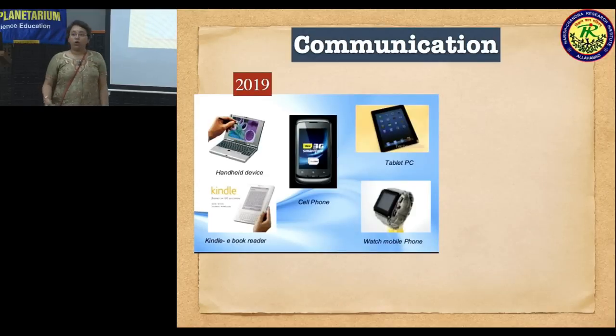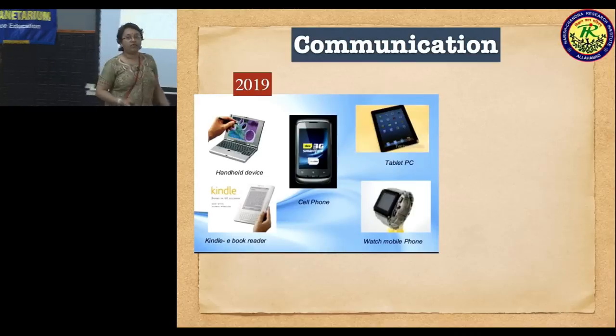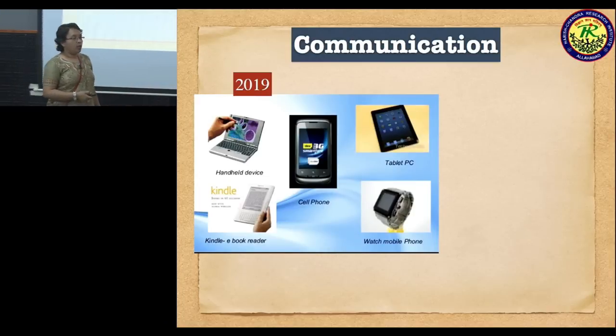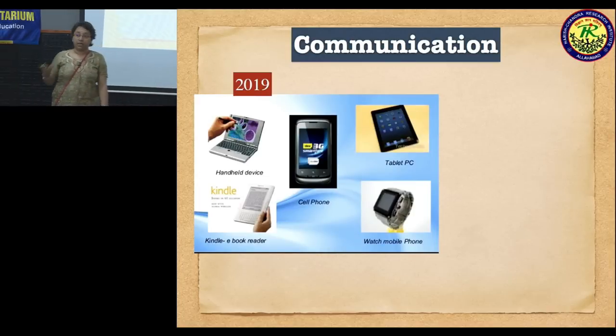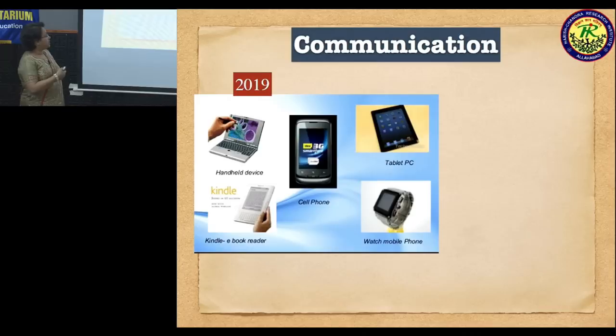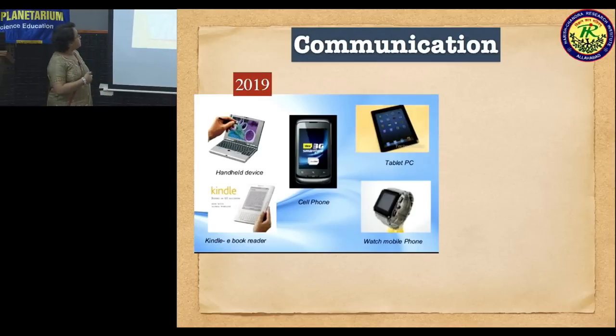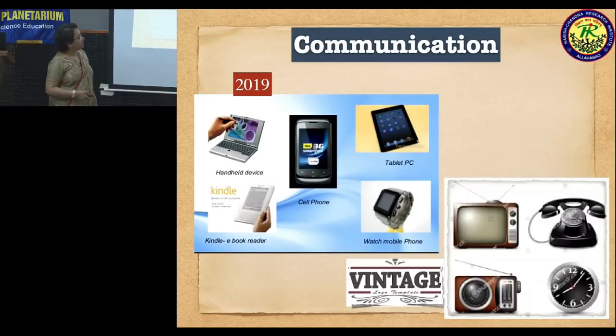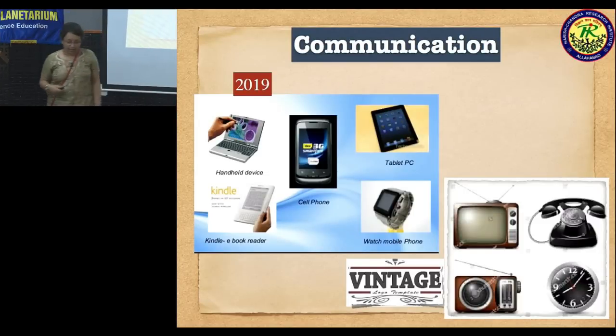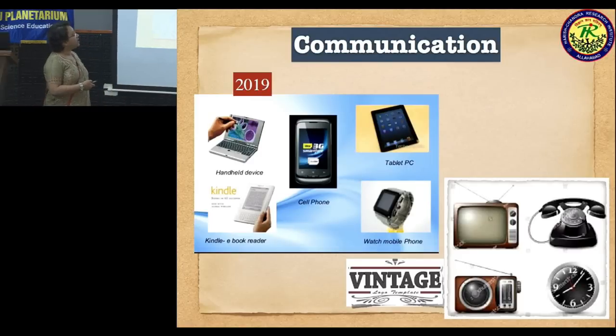We all use several communication devices which help us communicate with each other. These are mobile phones, e-book readers, and so on. And probably I am from the era where we used this kind of telephone, the television, the radio.